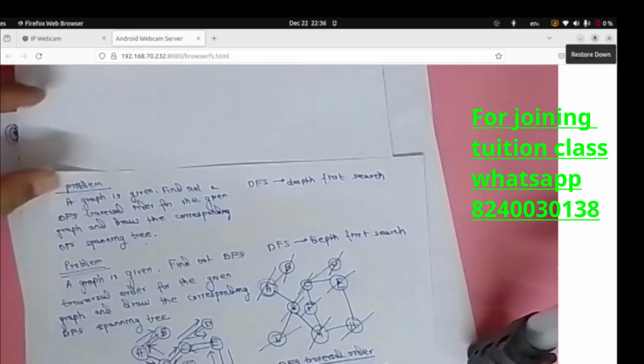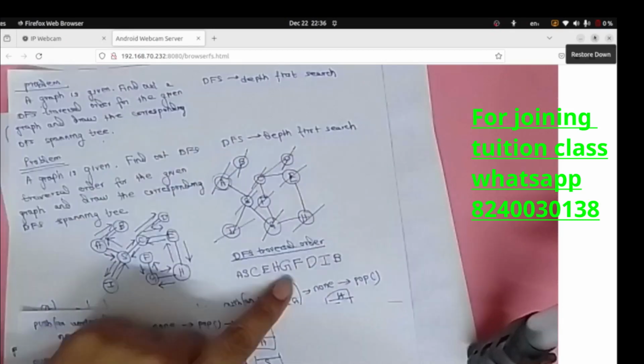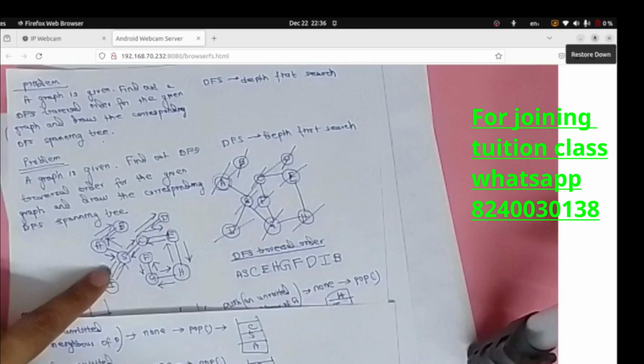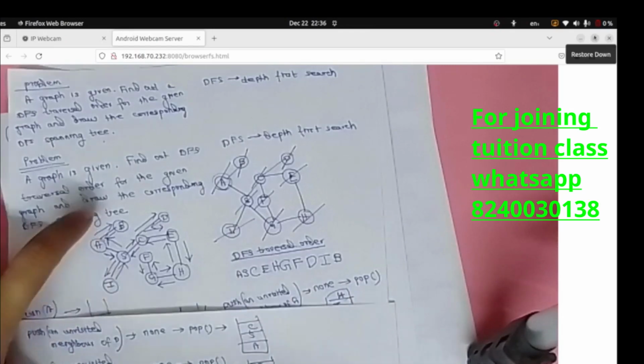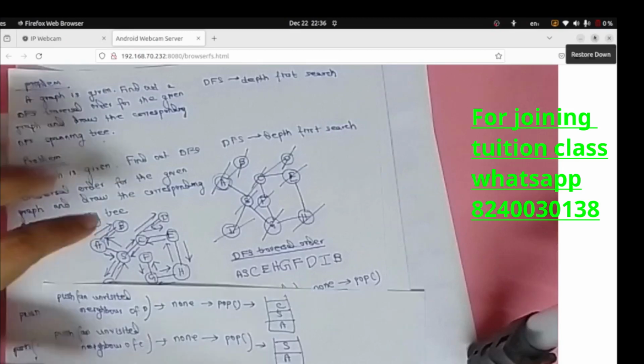This is known as the depth first traversal order, and this becomes the depth first spanning tree. We can remove this arrow, which is there only for understanding purposes, to make it clear how the movement is being done. That's why I have given this direction of movement.